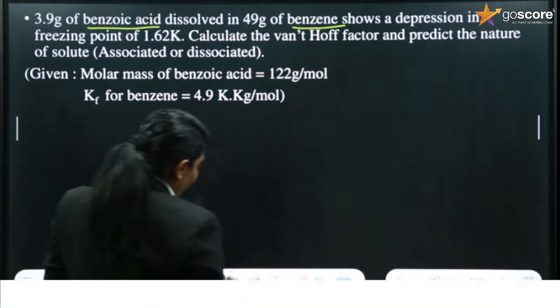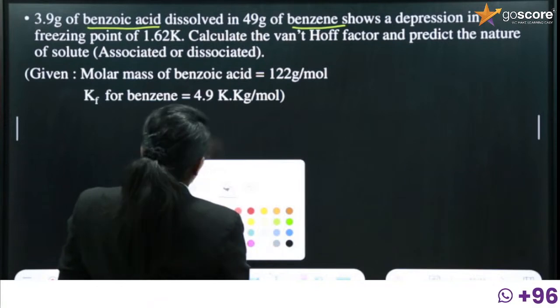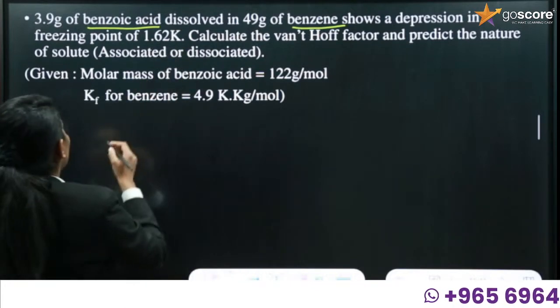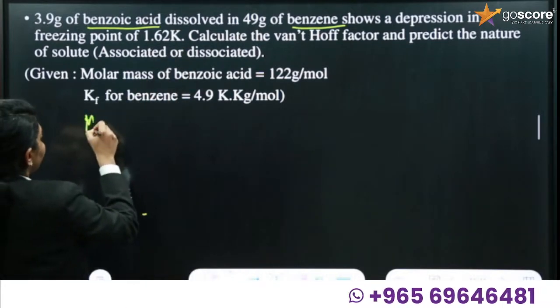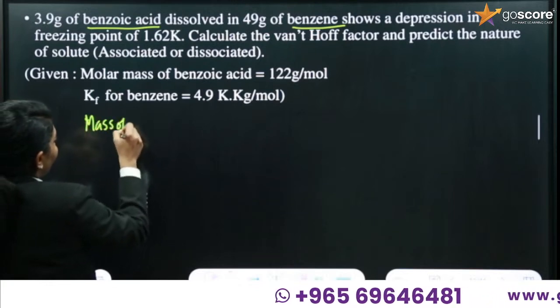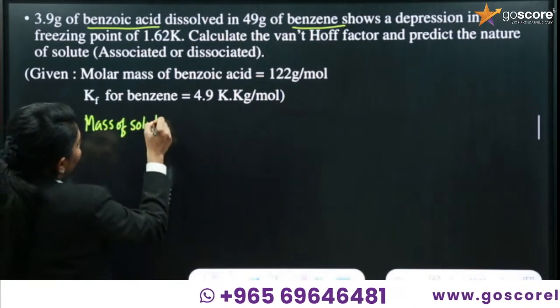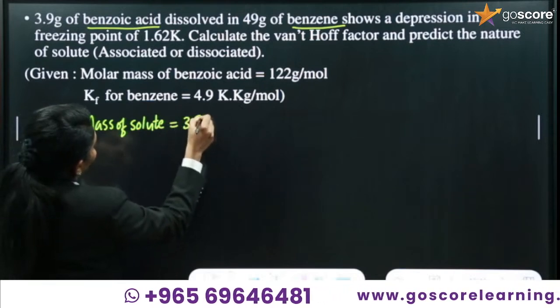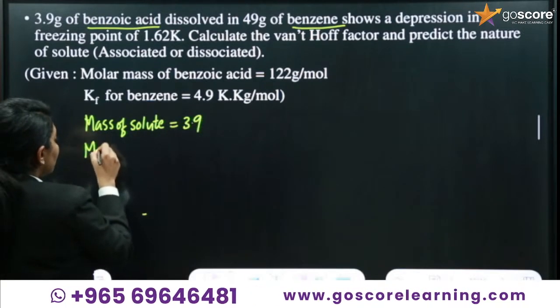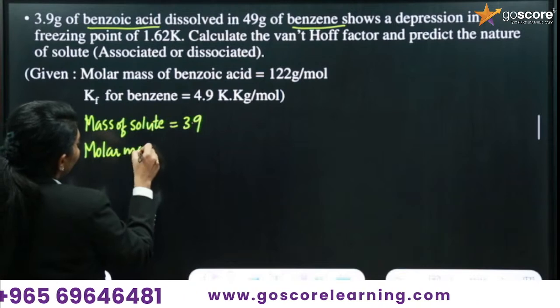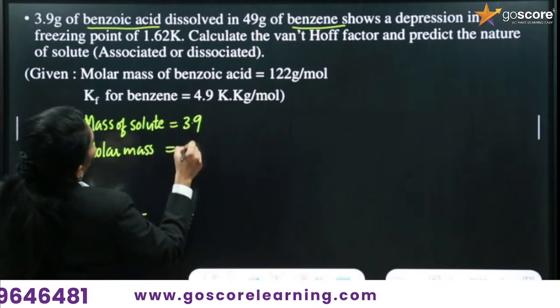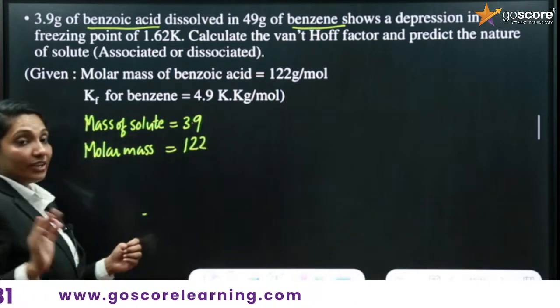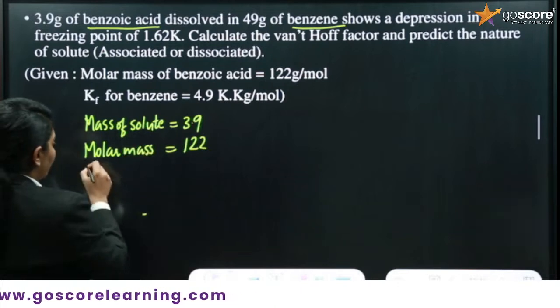Now let's see how we will solve this problem. See here, the mass of solute is given as 3.9 and the molar mass of solute is given as 122. So we can easily find out the number of moles of solute, right?